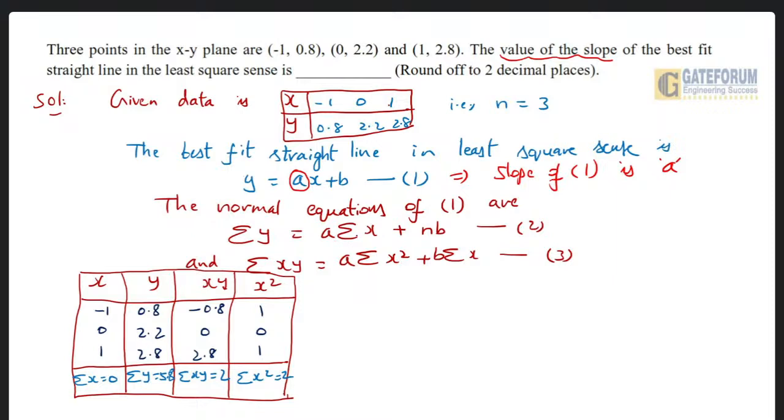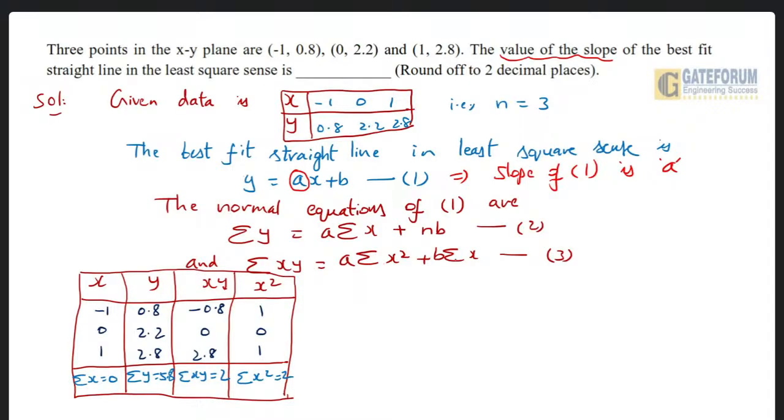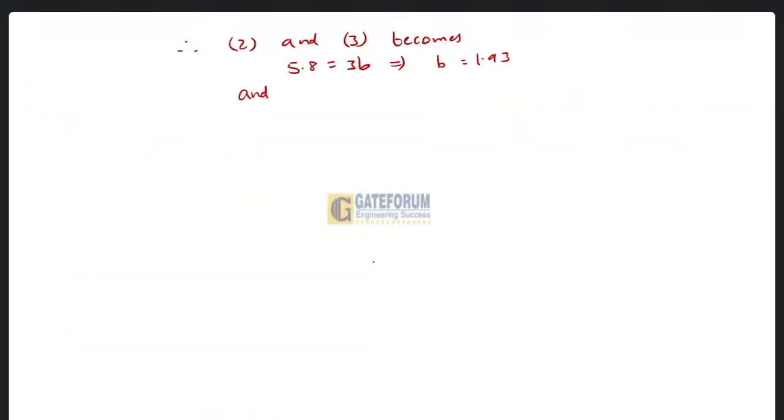Sigma x value 0. So from this first equation we will be getting b. Sigma y value 5.8 implies b is equal to approximately 1.93. And in second equation again sigma x 0, b 0. You will be getting directly from third equation, not required to solve second equation. Okay, directly third equation because we want a only. 2 is equal to 2a implies a is equal to 1.